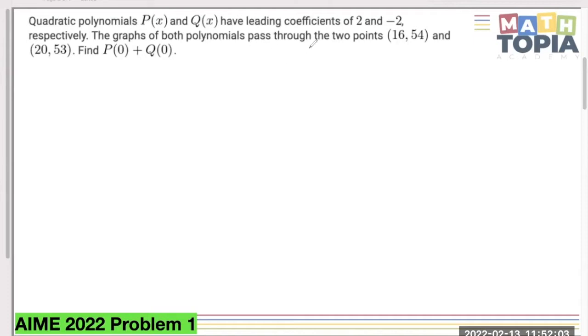Well, we know the leading coefficient of a parabola helps determine its shape, right? So P of x, having a leading coefficient of 2, will look something like this. It'll be facing up because the leading coefficient is positive, and it'll pass through the point (16, 54) and the point (20, 53).